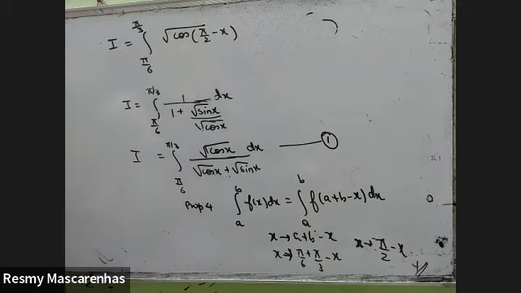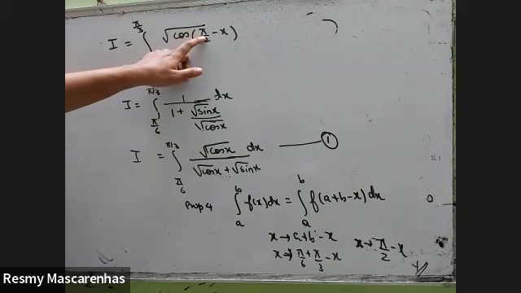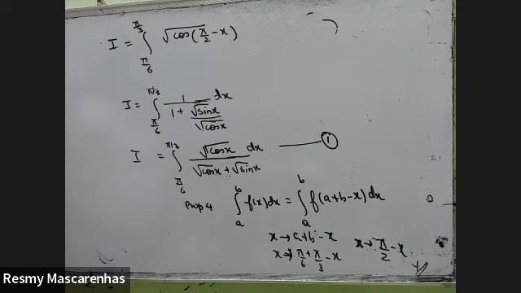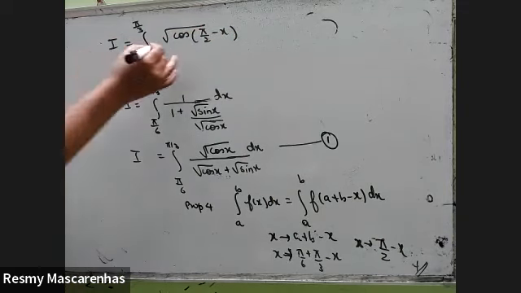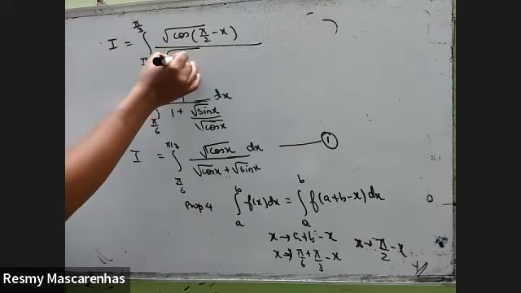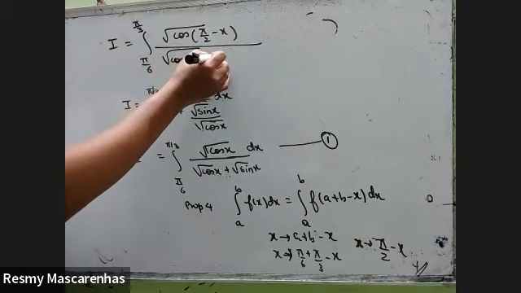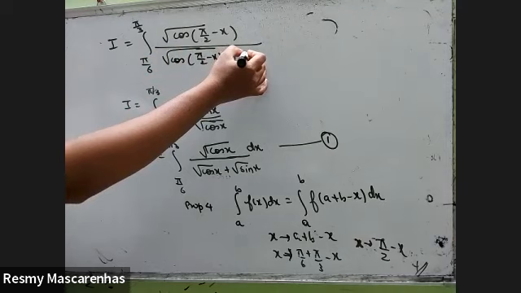Then only one step will increase. You'll get this only finally. If you add these two, you'll get it as pi by 2. That is a plus b minus x. Everything you have to replace wherever there is x.